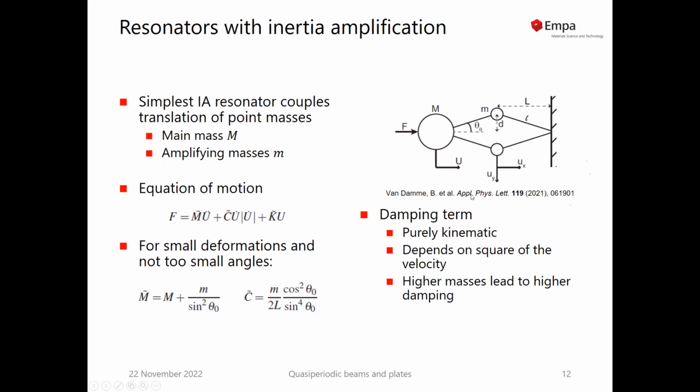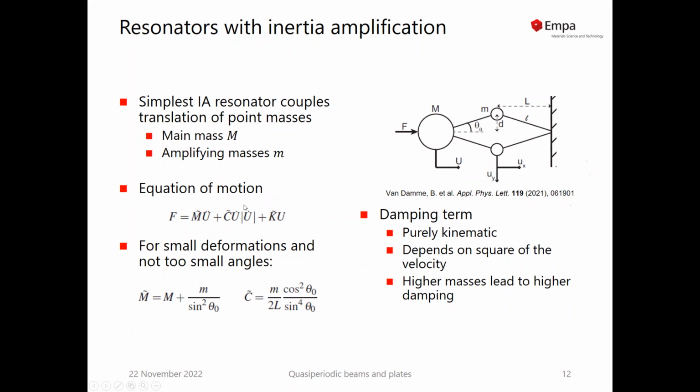We've noticed that if we excite these structures with higher amplitudes, non-negligible nonlinear effects occur. This is mainly because of the geometric, kinematic constraints between the motion of the main mass and the motion of the assisting masses. So this relationship is nonlinear, which results in the end in a nonlinear equation of motion.